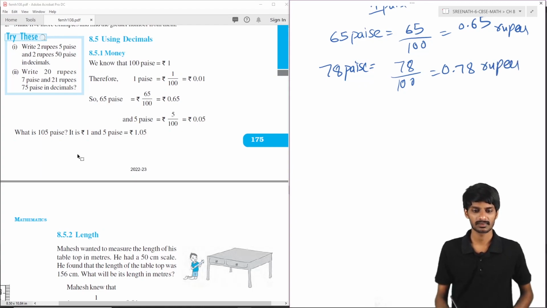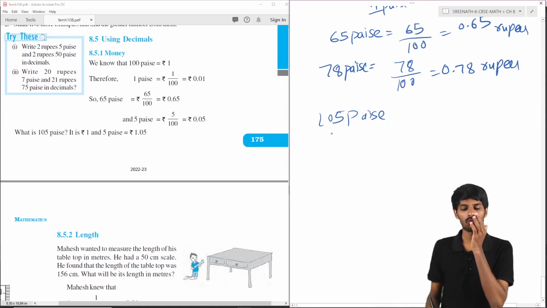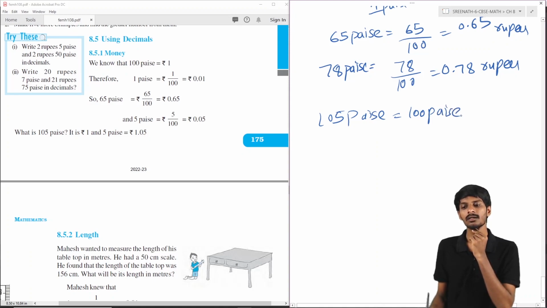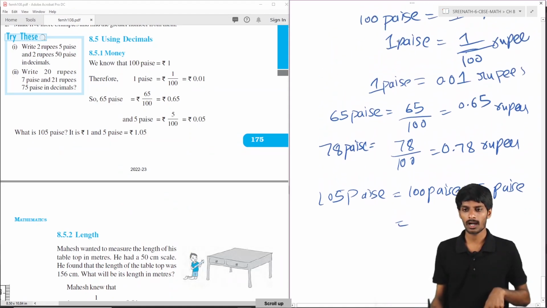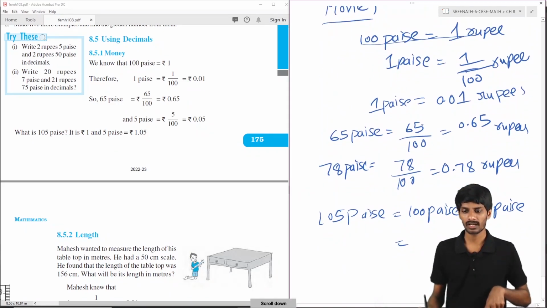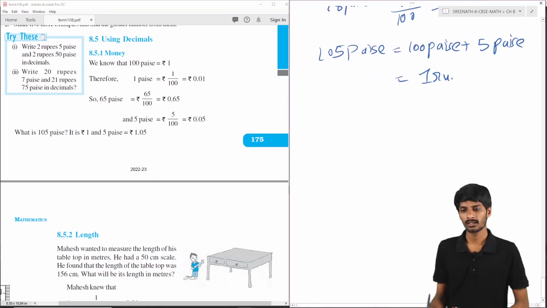Like that, students. Suppose you are having 105 paise, how will you represent it? 105 paise is 100 paise plus 5 paise. If you want to convert them into rupees, we know 100 paise is 1 rupee, so you can write it as 1 rupee plus 5 paise. 5 paise means what?